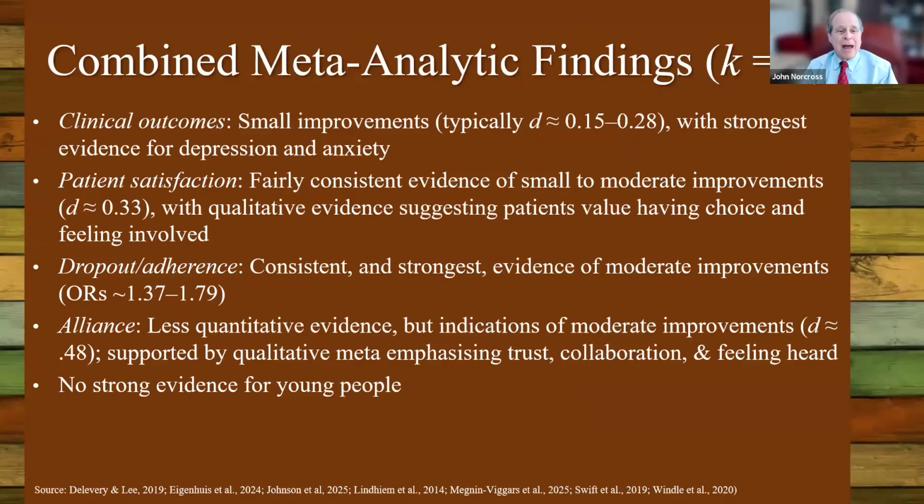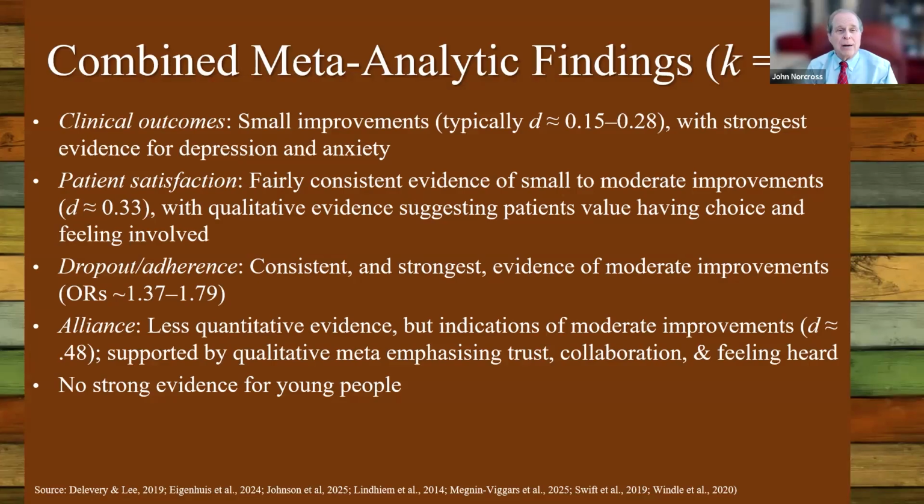So if we put together all these meta-analytic findings from 7 overlapping studies, systematically assessing and accommodating strong preferences does lead to small improvements, with the strongest evidence to date for depression and anxiety. Patients are reliably satisfied with this, feeling involved, sharing decision-making, exercising choice.